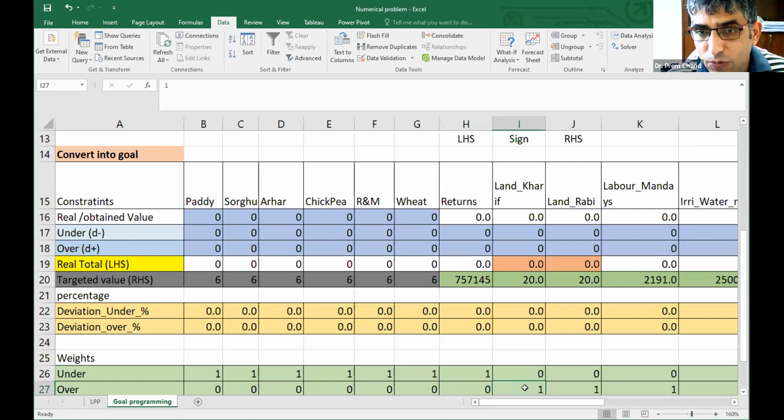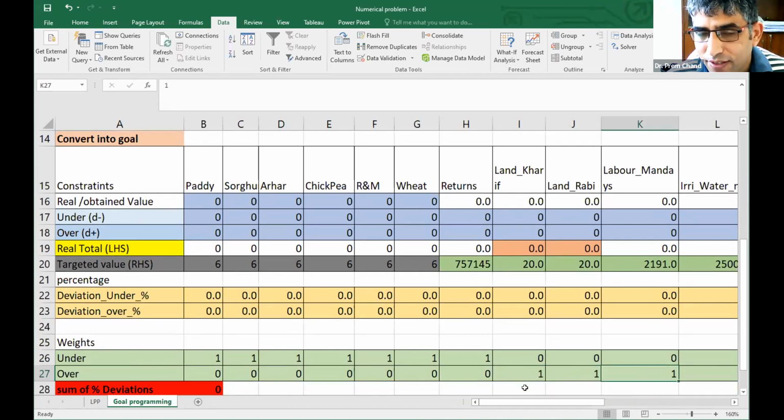In case of land, I don't want overachievement because I don't have more land. So for those variables or objectives which I want to maximize, I will assign more weightage to the underachievement deviations, because my objective function will become minimization of deviations.